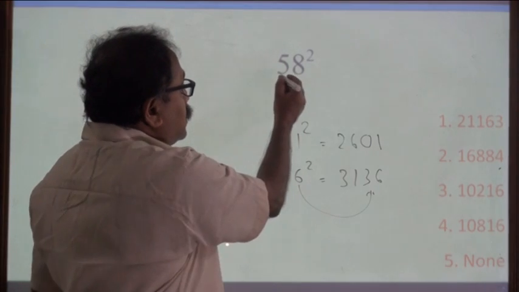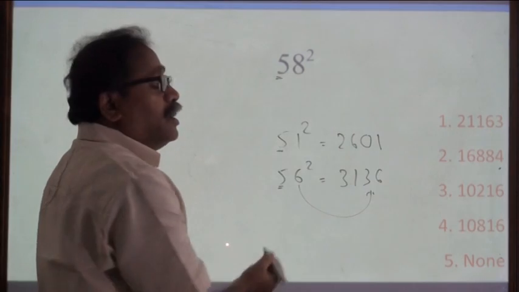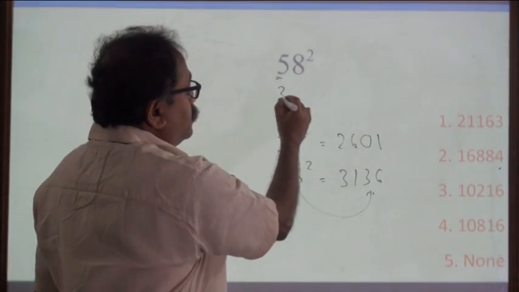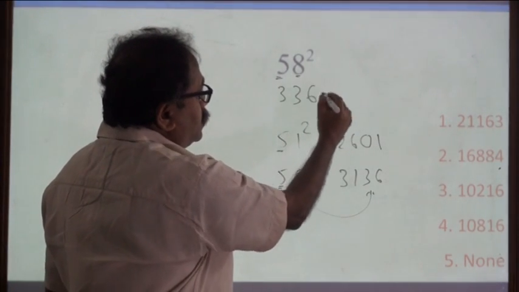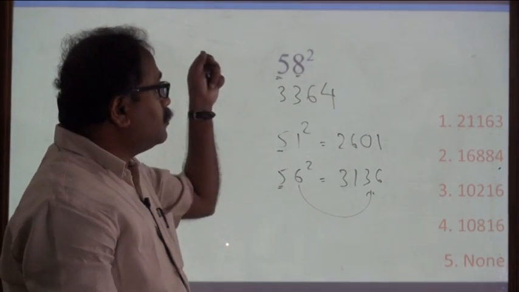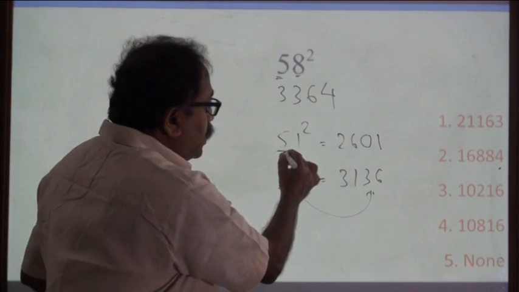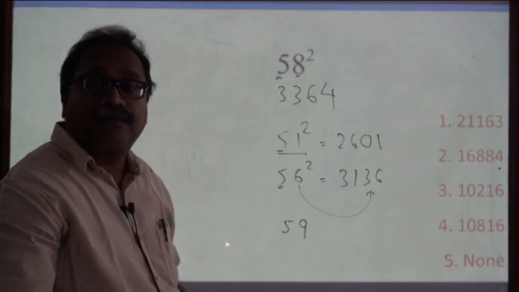So I will take this as 25, 5 square, 25 plus 8, that is 33. So I get 33 followed by 8 square, which is 64. So you can find out with this method all the number squares right from 51 to 59.